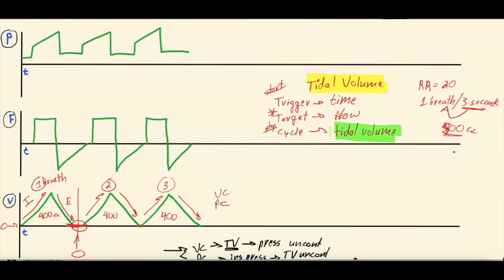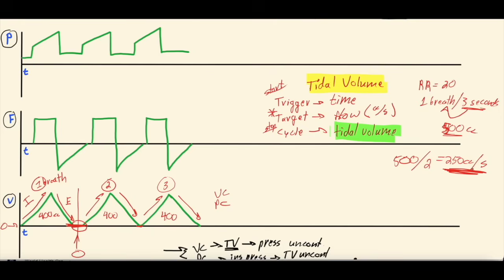Let's just say the breath is going to be 2 seconds long, right? So if the breath is 2 seconds long, the ventilator says, no problem. 500 over 2 seconds is going to be 250 cc's of air per second. And that's what I'm going to flow in, because this is air cc's per unit time, seconds. So what the ventilator actually targets is this flow. It's the cc's of air per second, because it knows then that it will give the tidal volume I'm setting over the duration of that breath.